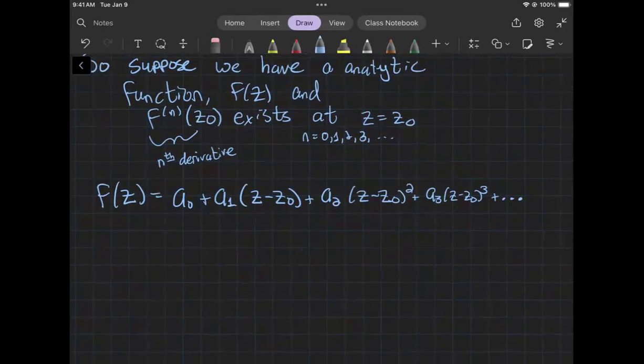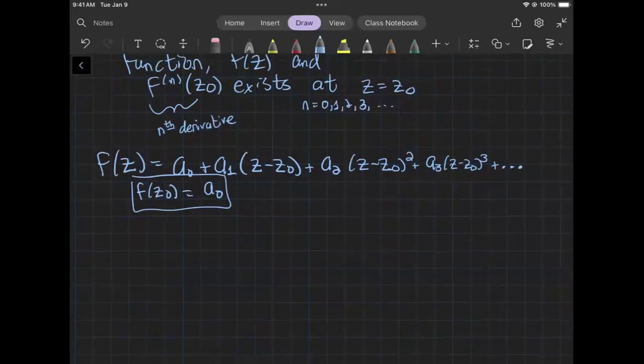Now, if we plug in z equals z naught, each of these terms will cancel since there is a z minus z naught occurring, so you'll get that f of z naught is equal to a0. It's pretty straightforward. Next, if I differentiate f of z, a0 is a constant, so it's 0.